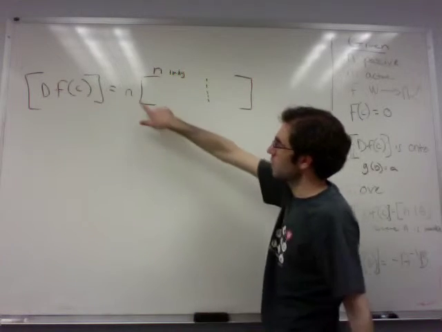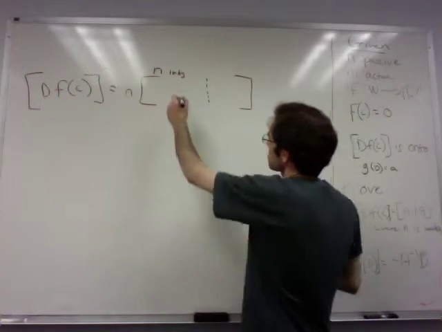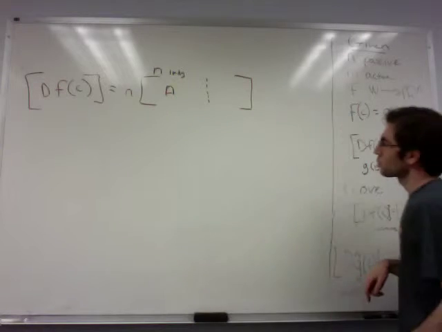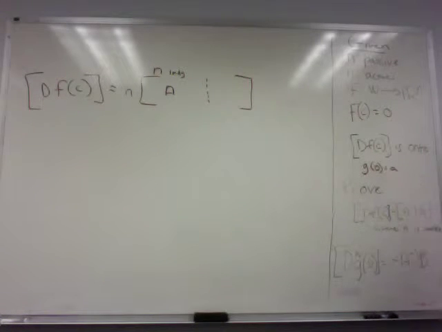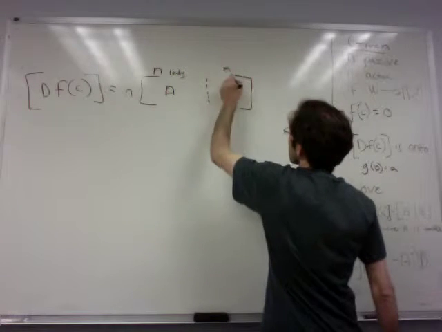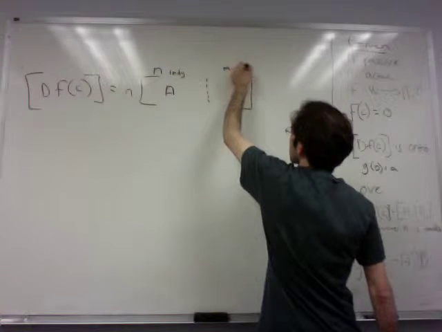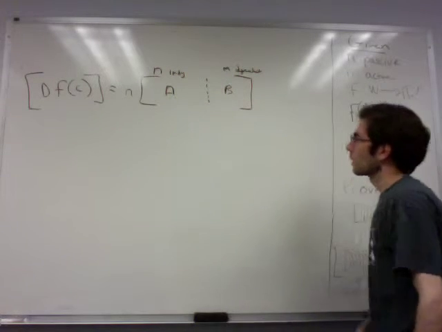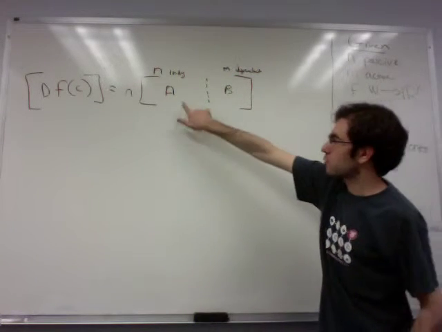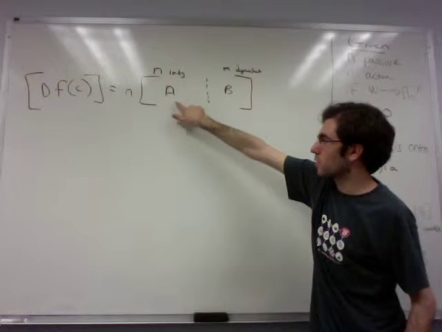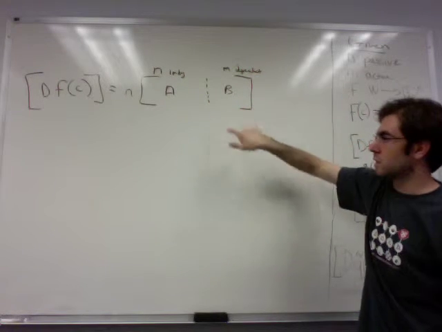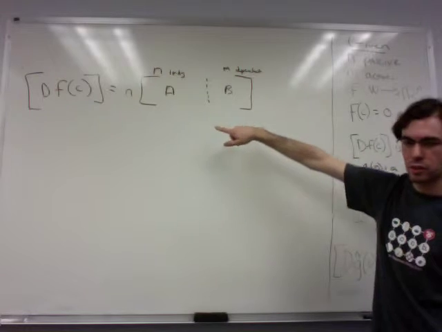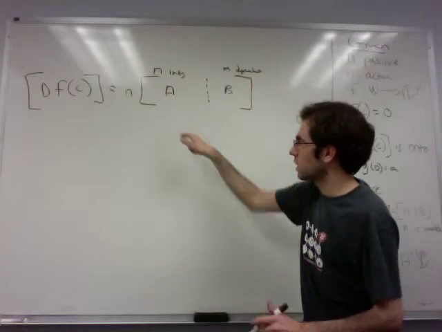So we know that there are n rows and n linearly independent columns. We also know that we start out in R^(n+m). So that means we're going to have m dependent columns. And just for shorthand, we're calling this part of the matrix A, this part B.